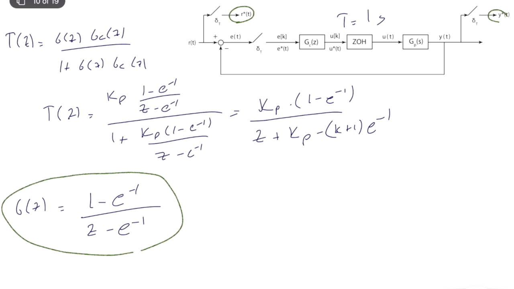So let's assume that Kp is equal to 0.1, and then in that case we will find that T of Z, I think, will be equal to 0.063 over Z minus 0.3.